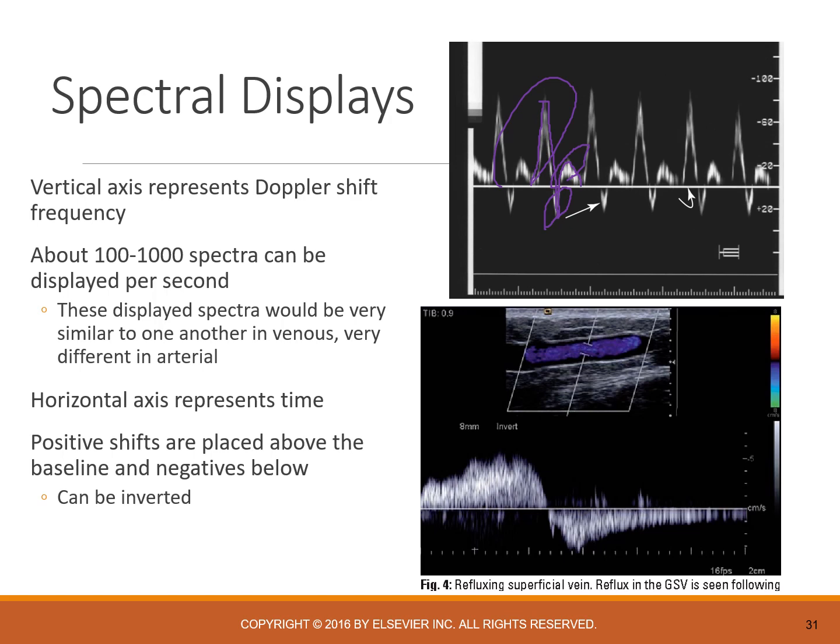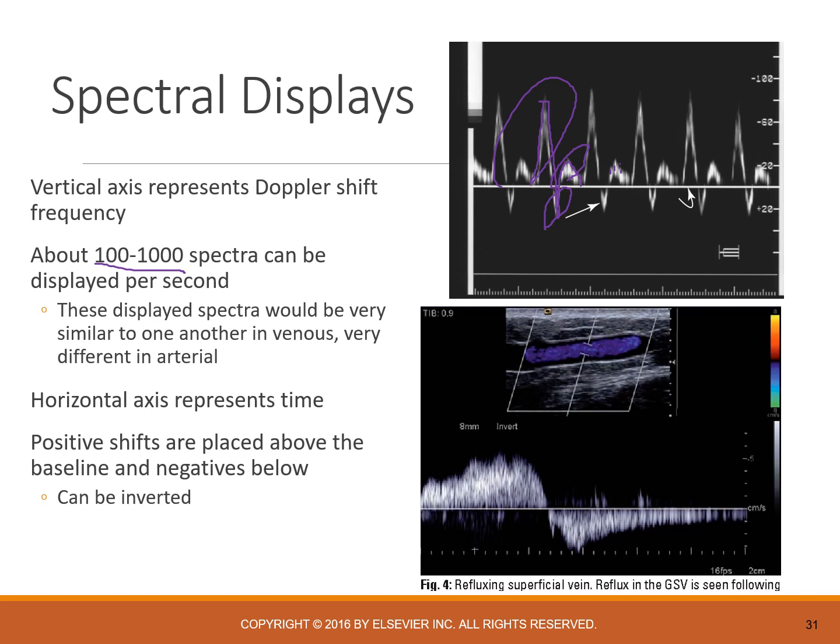So this would be a triphasic moderate resistance waveform. It has a good spectral envelope, meaning that I probably did a great job with my angle and my placement of my sample. Most of our systems are going to display about 100 to 1,000 little lines per second.